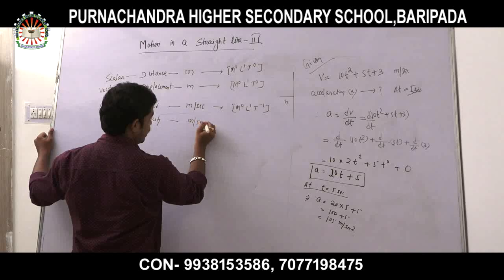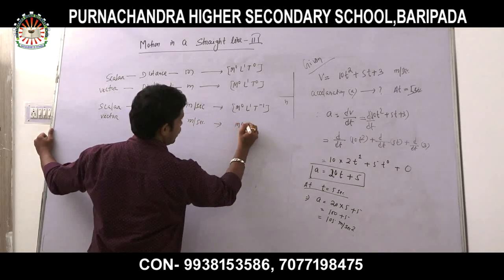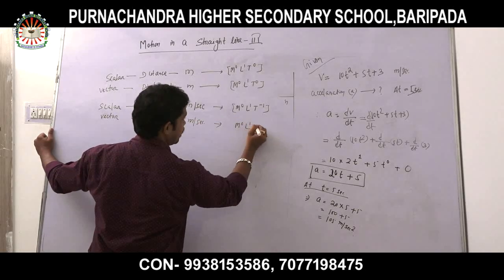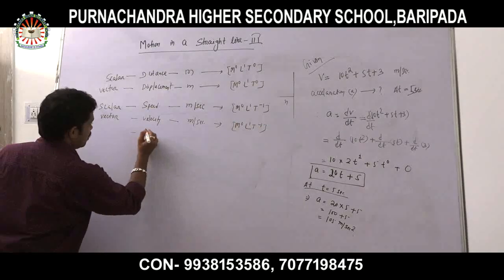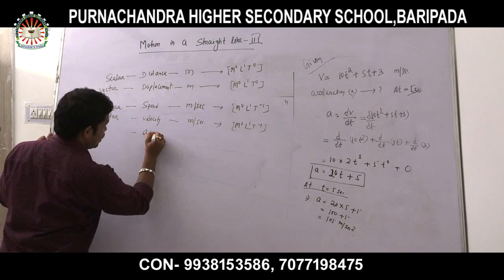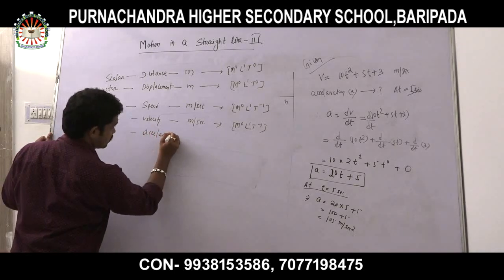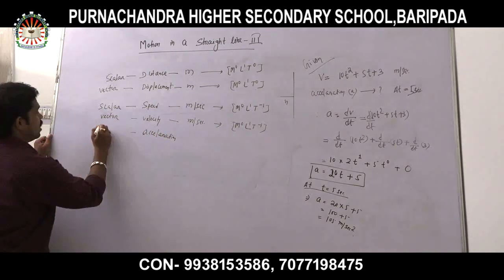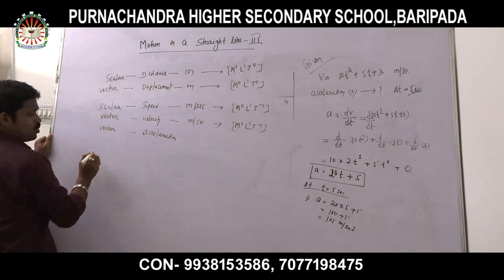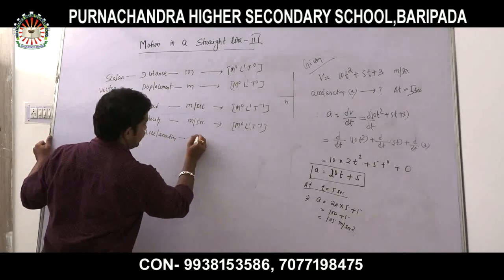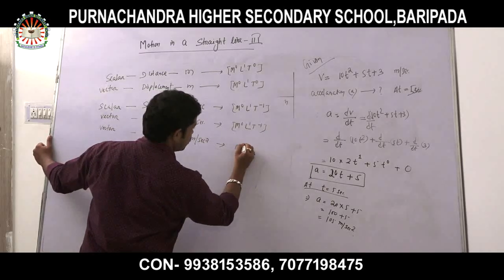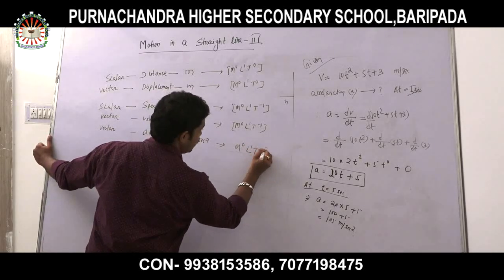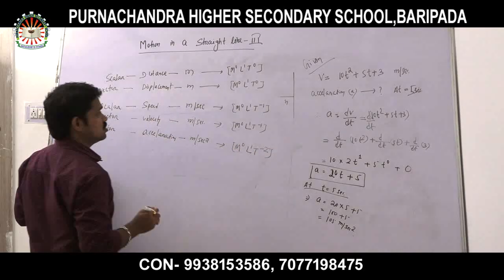The unit is again the same, meter per second, m0, l1, t to the power minus 1. Then come to acceleration. It is again a vector quantity. Unit is meter per second square, and the dimension is m0, l1, t to the power minus 2.